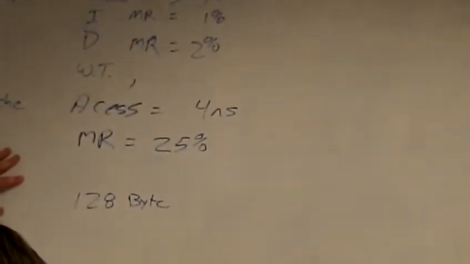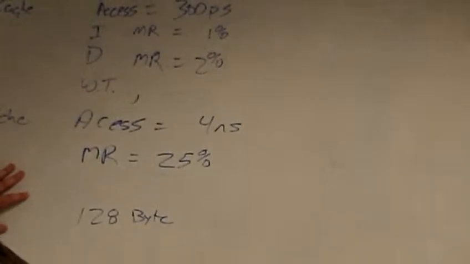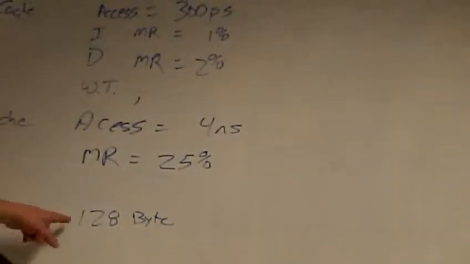And I could have a 64-byte block. If I'm talking here with a 128-byte block, how many variables? Two to the 7th is 128.